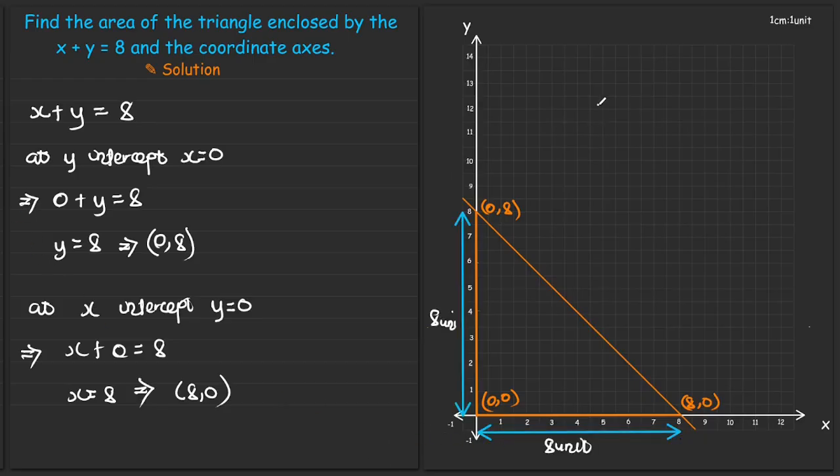So all we are then going to say is we know the area is equal to 1 over 2 times the height, then times the what? The base. That is of a triangle. And from what we've done here, our height is equal to 8. So from here to here, 8. And then our base length is equal to what? Also 8.